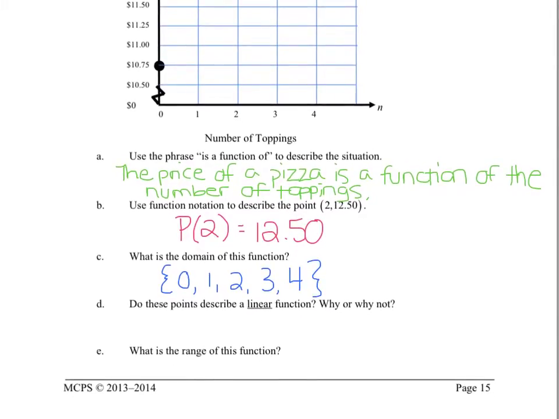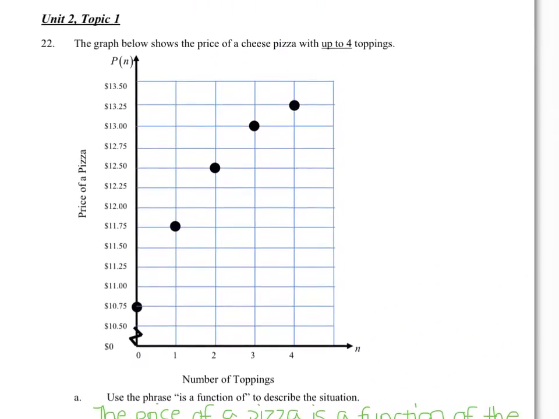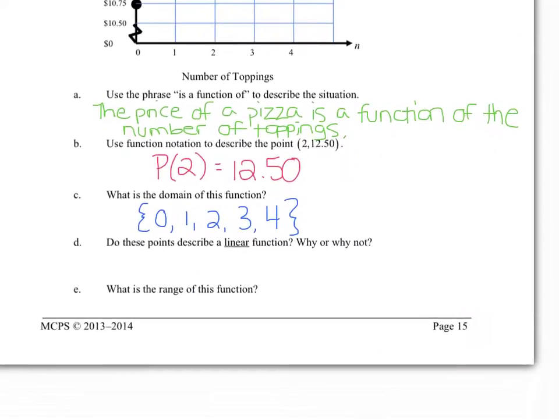Now, do these points describe a linear function? Why or why not? So let's look back, and linear means that it can make a line. But if we look at this, this would be a line, but instead this curves. So we would say that it is not a linear function. Why or why not?